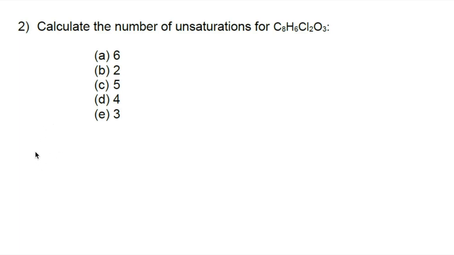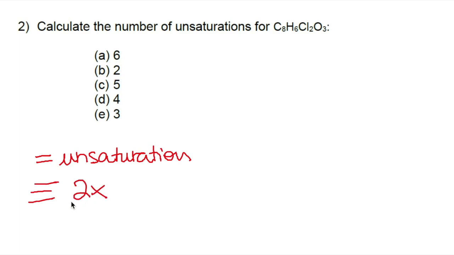So a double bond is one unsaturation, a triple bond counts as 2 unsaturations, and a ring counts as 1.